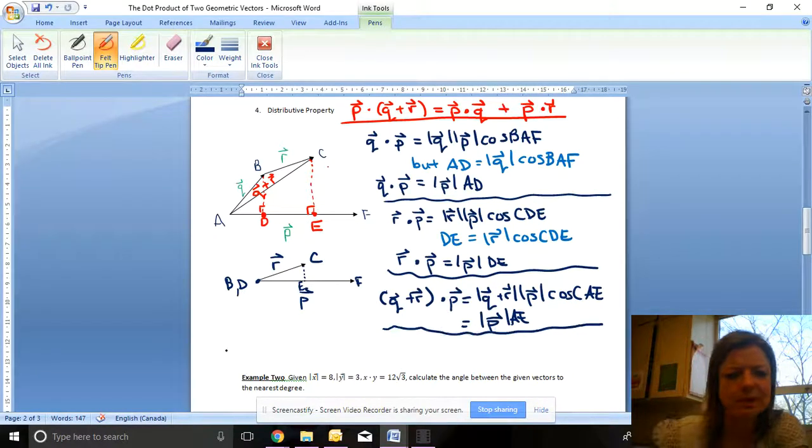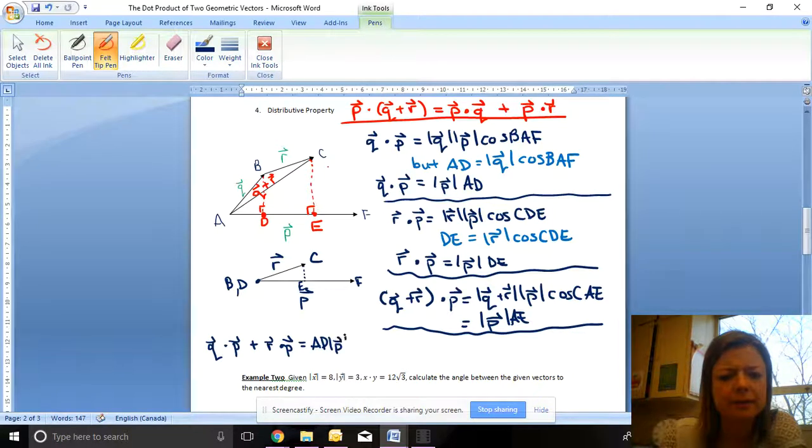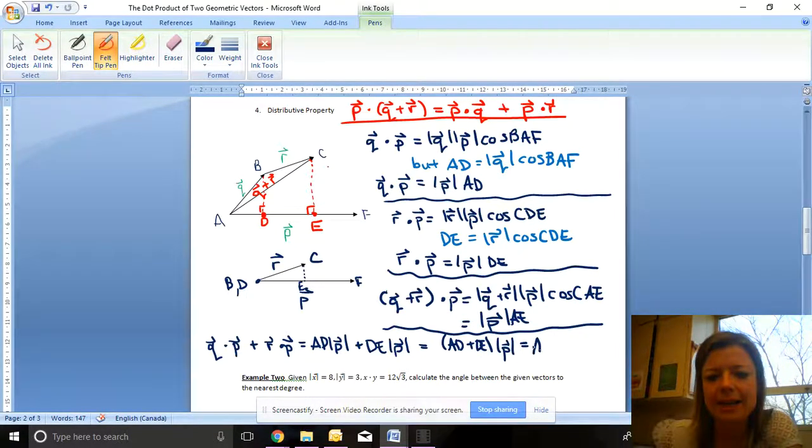So, as a result of all of this, we get that Q dot P plus R dotted with P is equal to AD magnitude of P plus DE magnitude of P, which is equal to AD plus DE magnitude of P. So AD plus DE can be written as AE times the magnitude of P, which is equal to Q plus R dot P, as shown up here.